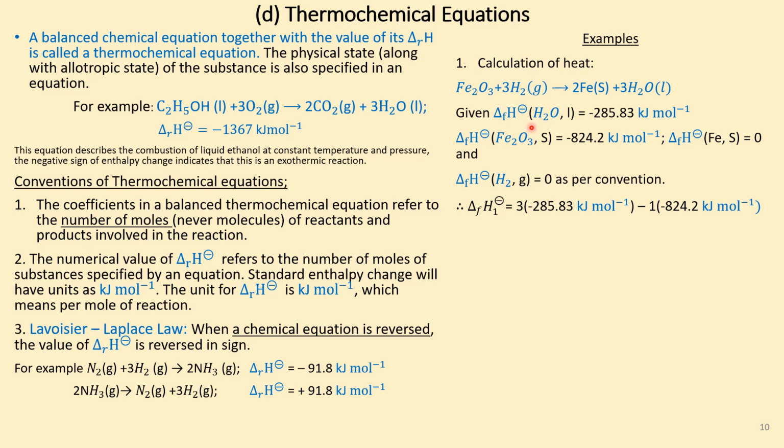Therefore, the solution is: delta rH1° is equal to 3 into delta fH° of H2O in liquid state, which is minus 285.83 kilojoules per mole, minus 1 into minus 824.2 kilojoules per mole.